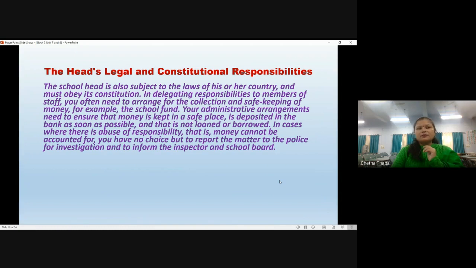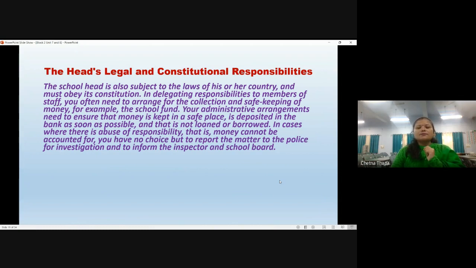For example, you have the school fund. Your administrative arrangement needs to ensure that whatever money is collected is kept in a safe place. It might be deposited in a bank as soon as possible, so that it is not loaned, or someone on your staff does not borrow it.